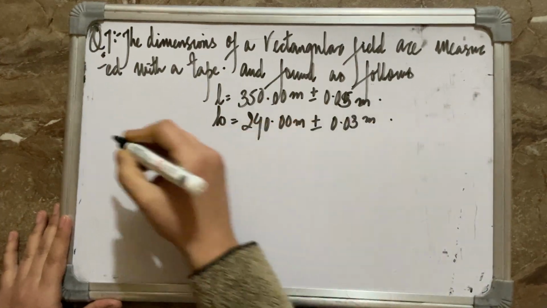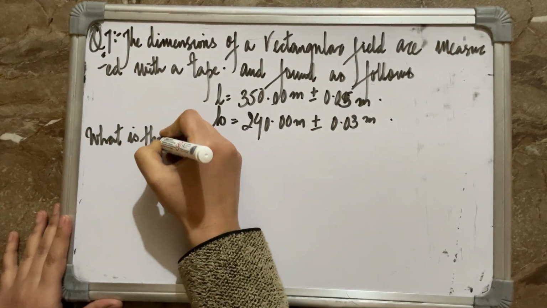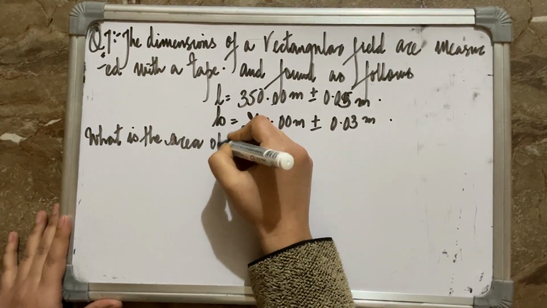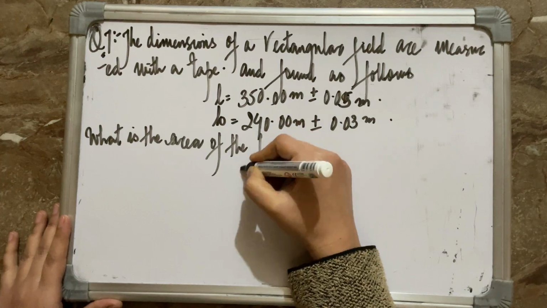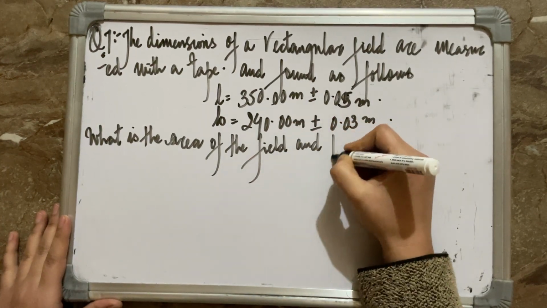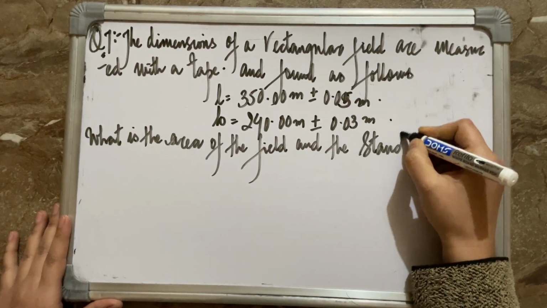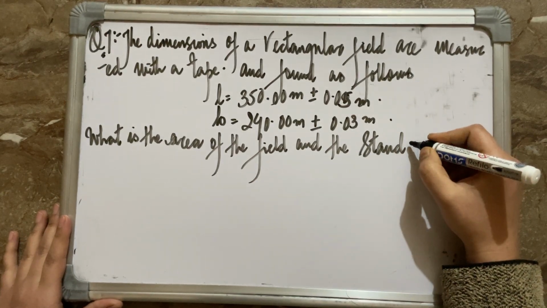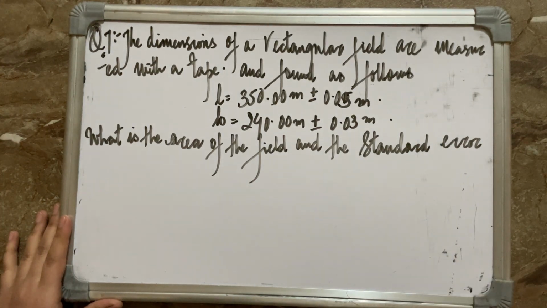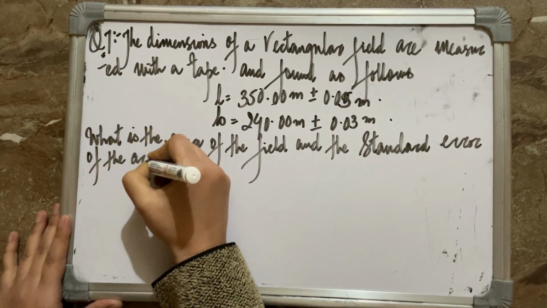We have to measure area. What is the area of the field along with its standard error? I mean the standard error in the area of the field.